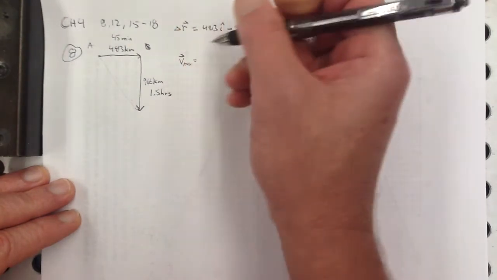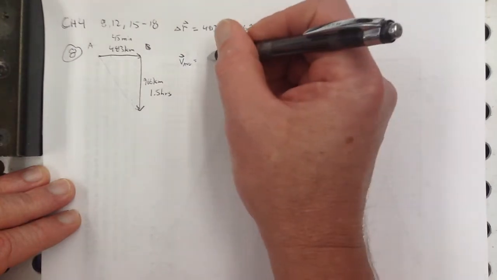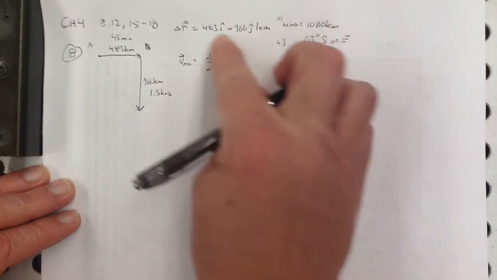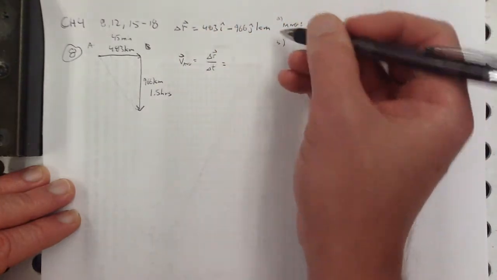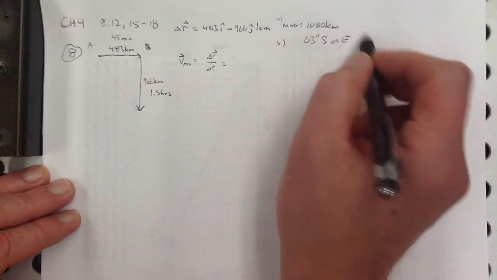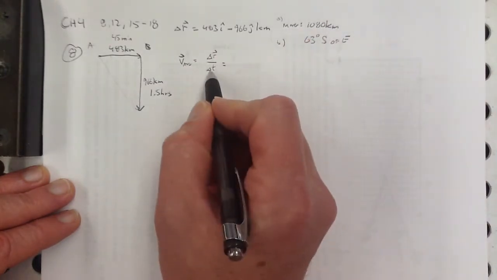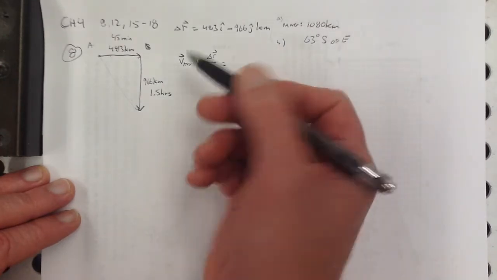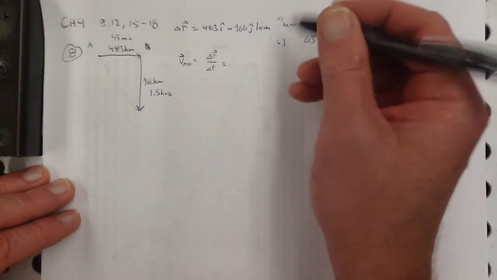Then let's see, we want for B and C, average velocity. So average velocity is displacement over time. Now that's just this divided by the time. Now if I have this already in this form, I can just divide the magnitude by time, and of course how much time it takes doesn't change the direction.